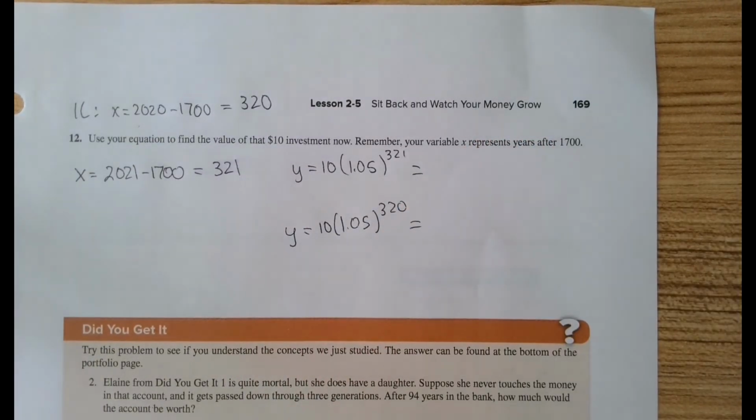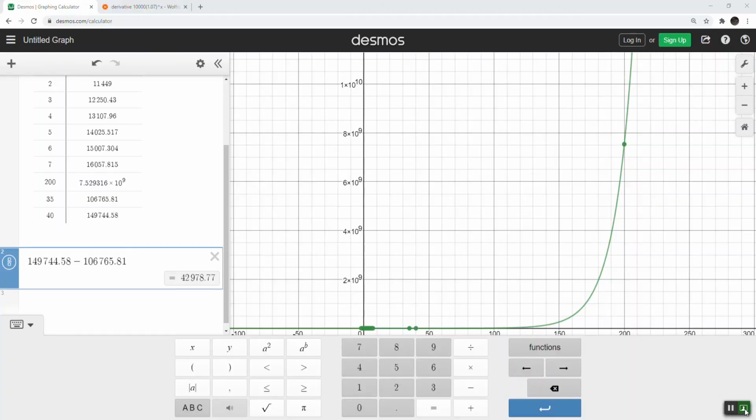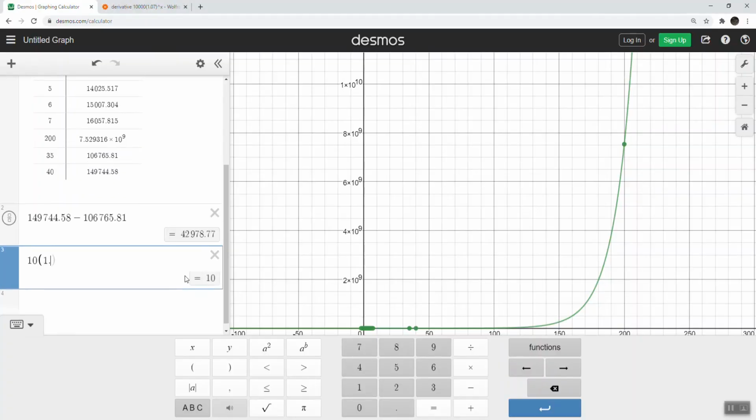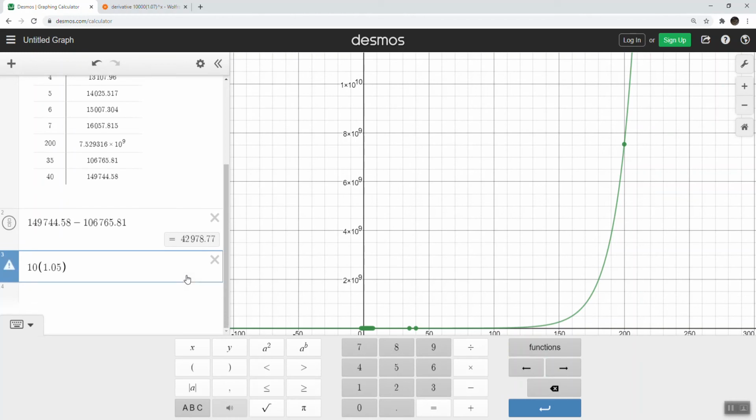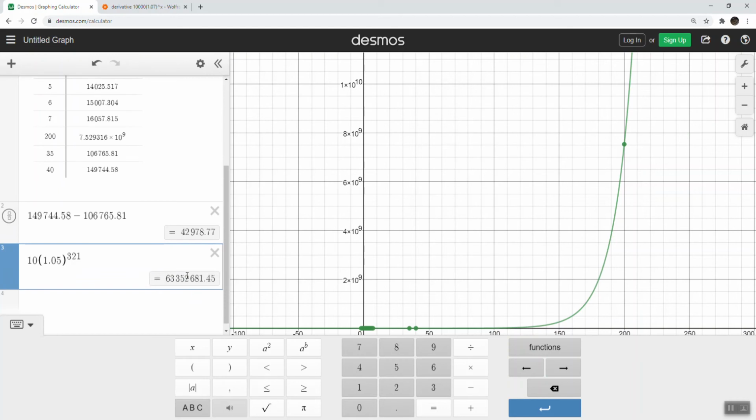All right, so let's check these both out. Again, remember, all this guy did was dump in $10 on this company. And look at what he ends up with. $63,352,681.45.